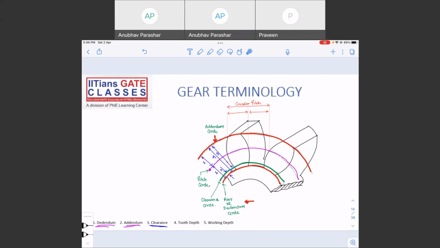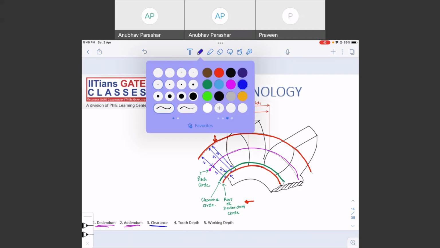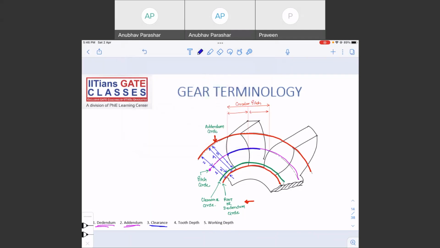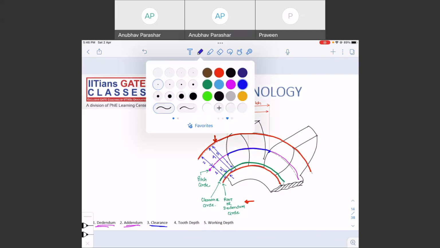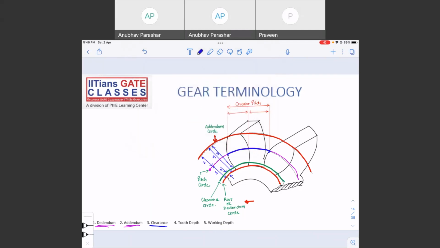Now what is circular pitch? This distance is called circular pitch. If you go from here to here, let me mark it with dark blue. The one marked with blue is circular pitch, right?